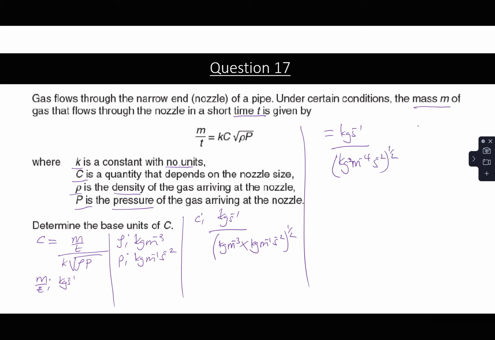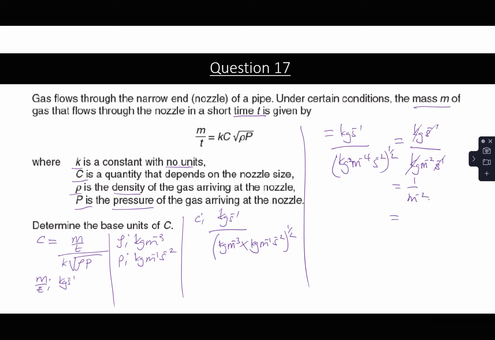So it's like we find the square root of each of these. When we find the square root, we still have kilogram s power negative 1 divided by, so kilogram squared becomes kilogram, m power negative 4 becomes m power negative 2, s power negative 2 becomes s power negative 1. You notice that kilogram has cancelled, s power negative 1 has cancelled, so you are remaining with 1 over m power negative 2.